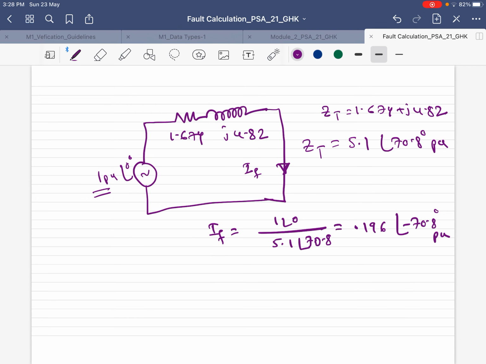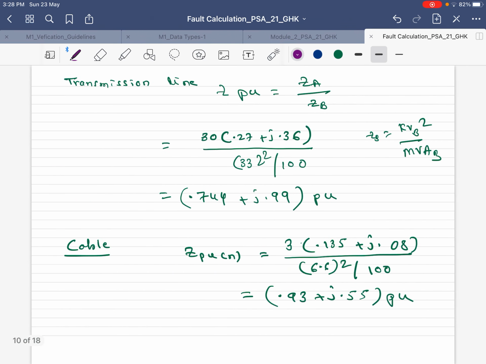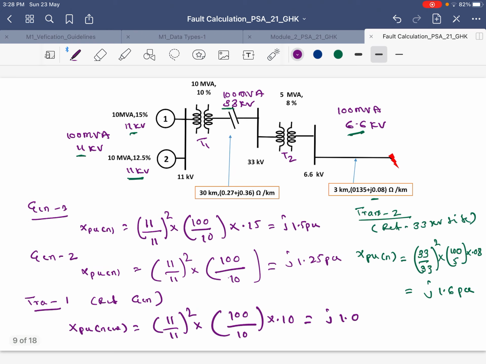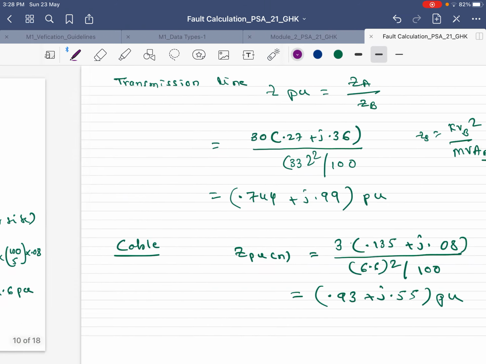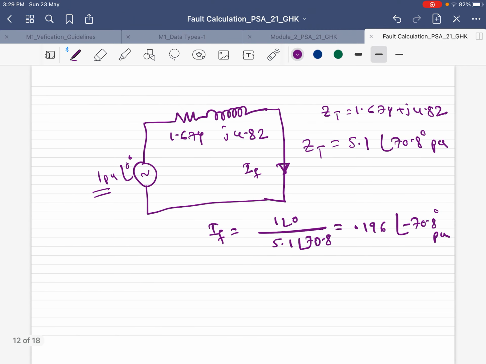Then what is the base current at the fault point? IB at this point, because the fault is occurring at this particular point. Therefore, you are interested in the base current at the faulted point. For that you have to take these two values as the base quantities and calculate the base current accordingly.